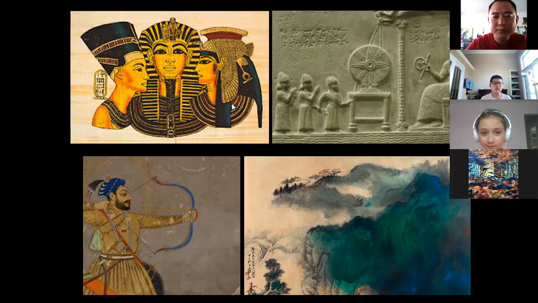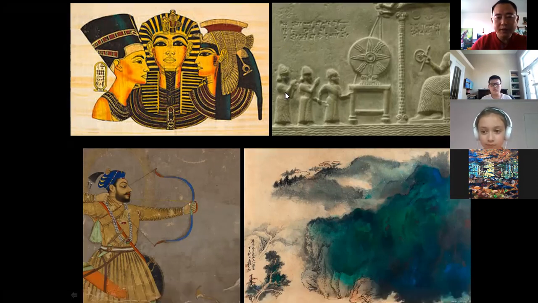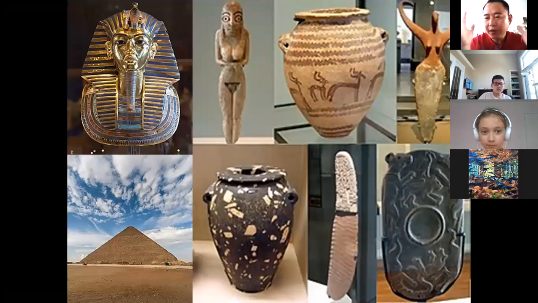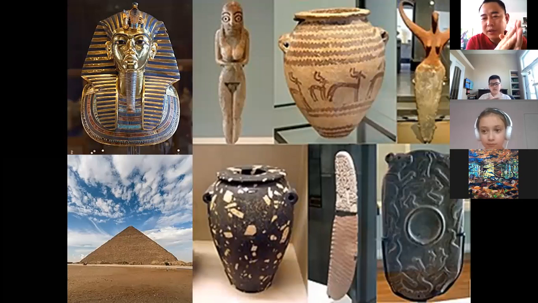Okay, so those are the four different kinds of arts that we're going to learn during this summer art class. When we're talking about art, it doesn't necessarily mean paintings. It includes many things like what you can see on the screen.